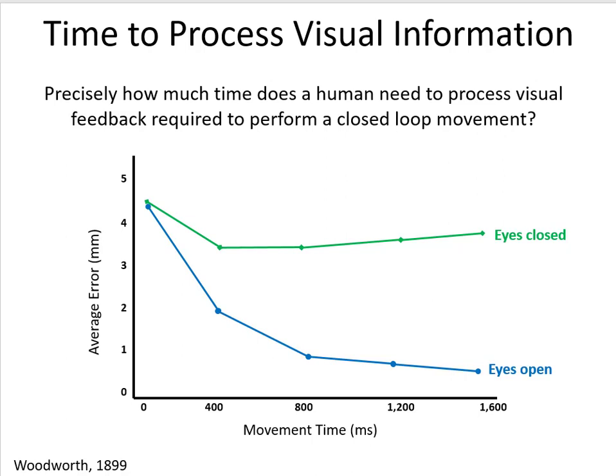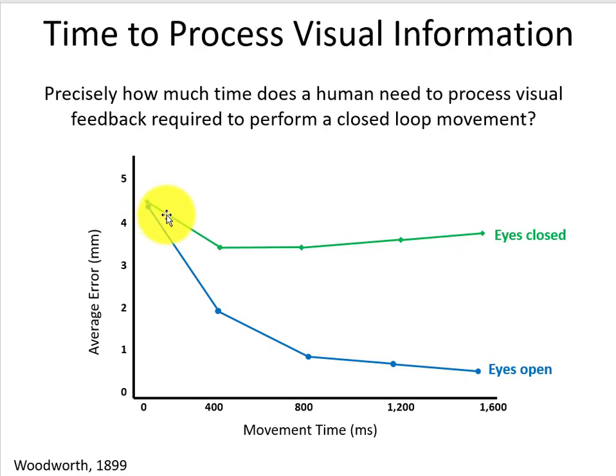So what you can see here is that when their eyes were closed, there wasn't really much of a difference in their average error, regardless of how fast the kymograph was moving, okay? But what you can see is when the eyes are open, when you give people more time to process that visual feedback, they actually improve, okay?